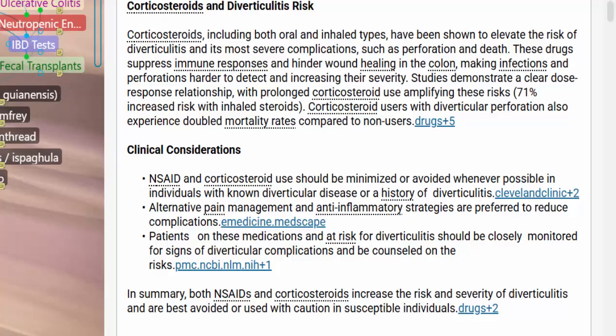There are alternative pain management and anti-inflammatory strategies, which is where herbal medicine excels. Patients on these medications and at risk for diverticulitis should be closely monitored for signs of diverticular complications.